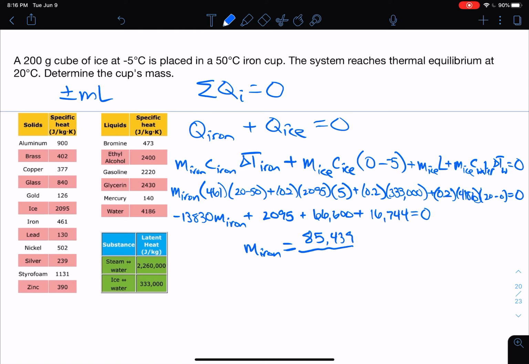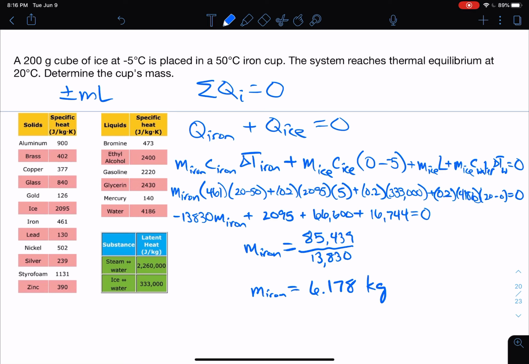I'm going to end up dividing that by 13,830. And so I'm going to get that the mass of the iron cup is 6.178 kilograms. And there you go.